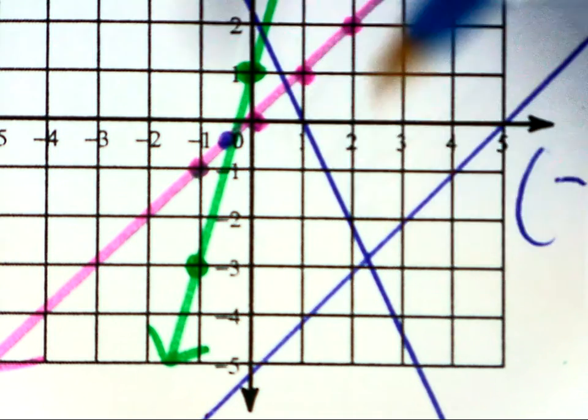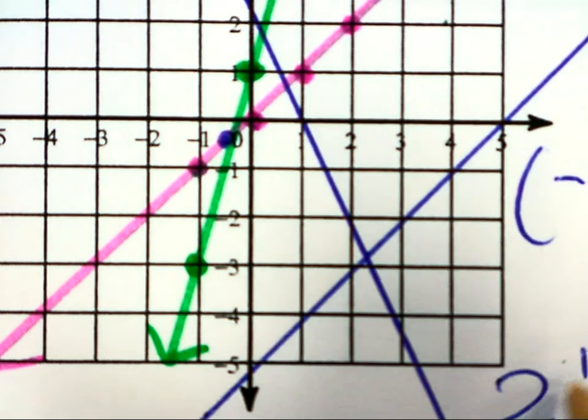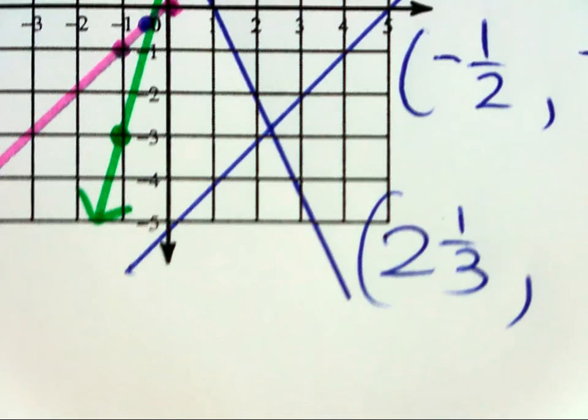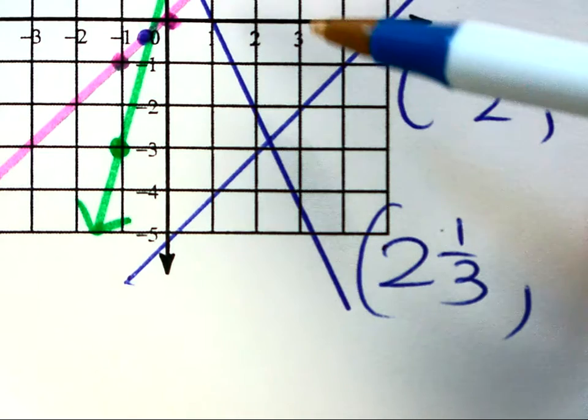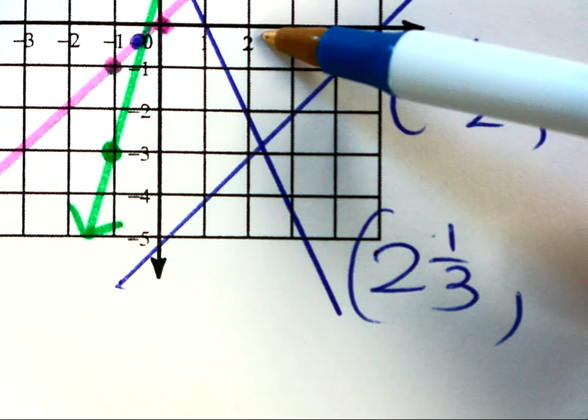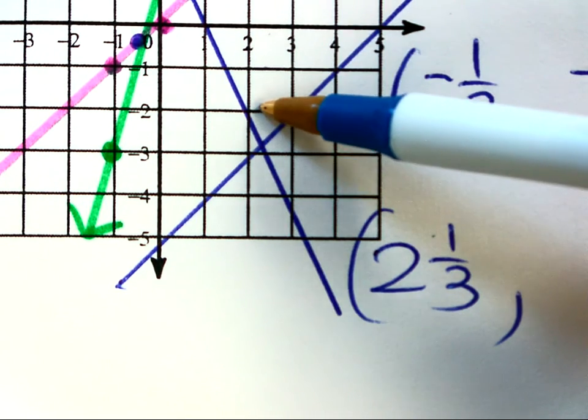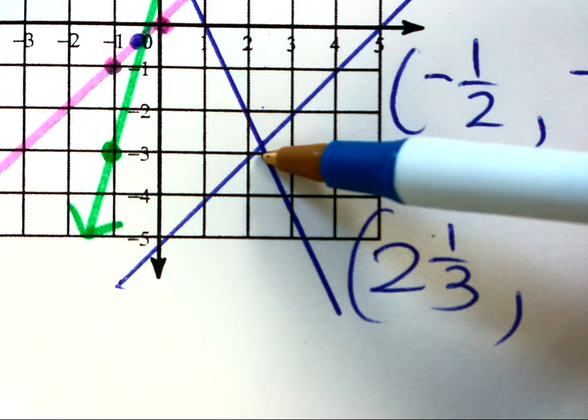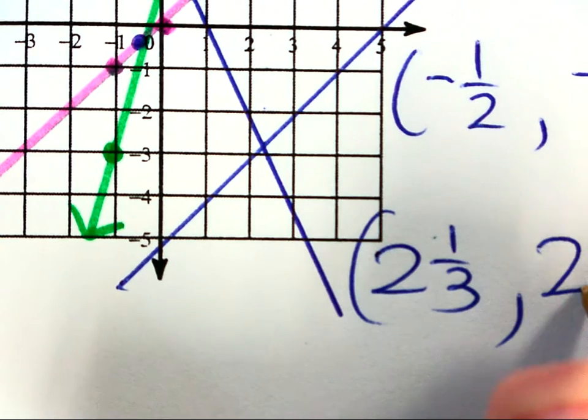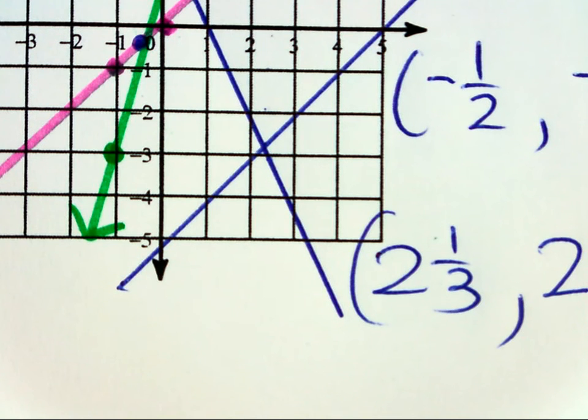So go ahead and you could put 2 1/3, and then put what you think would be a good y value. Down -1, -2, but it's not quite to -3, but it's pretty close. So what would be a good estimate there? 2 3/4, 2 8/9, if you think it's really close.